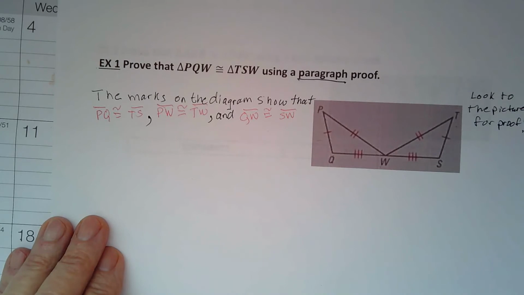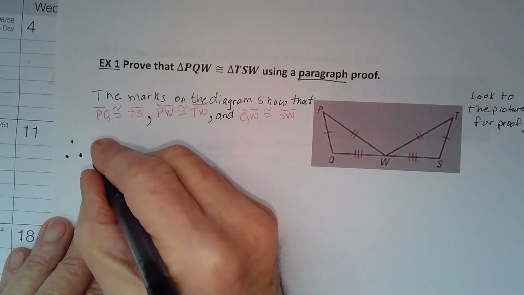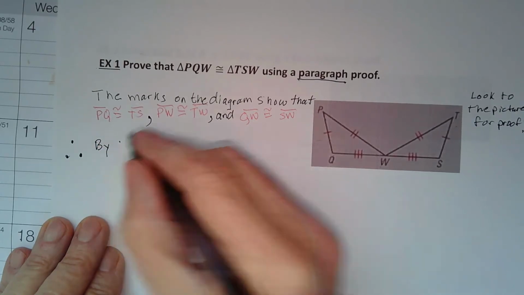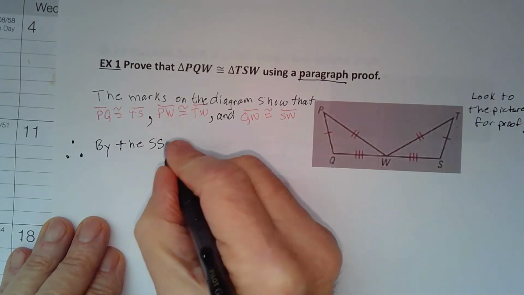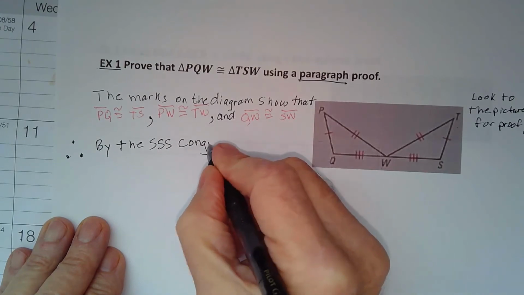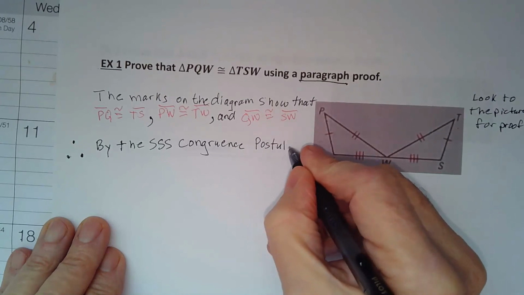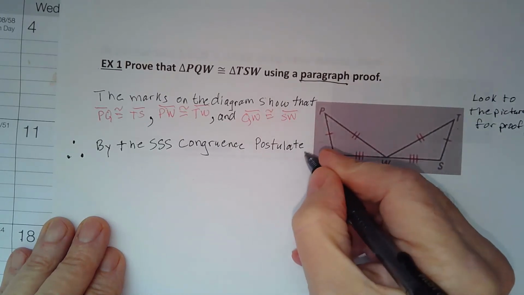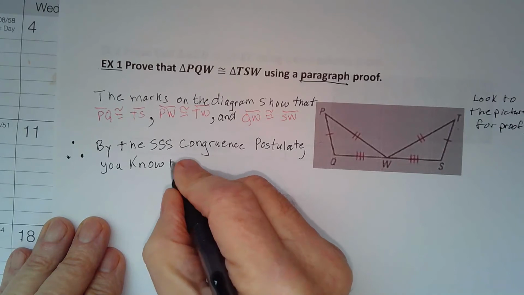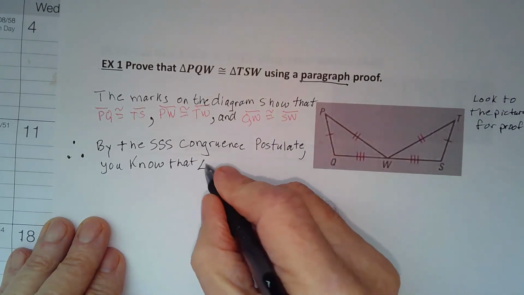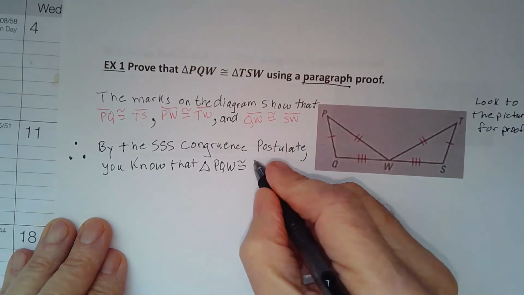Now the reason. We're going to just simply say therefore, because there's really only one step to this. By the side congruence postulate, you know that triangle PQW is congruent to triangle TSW.